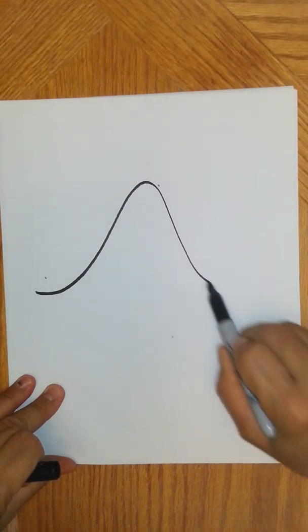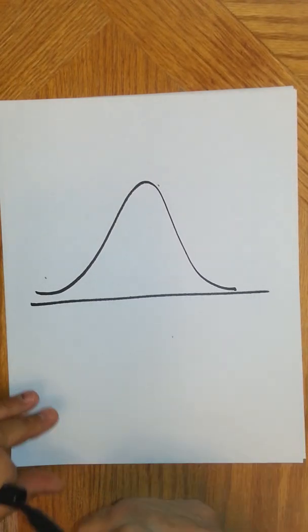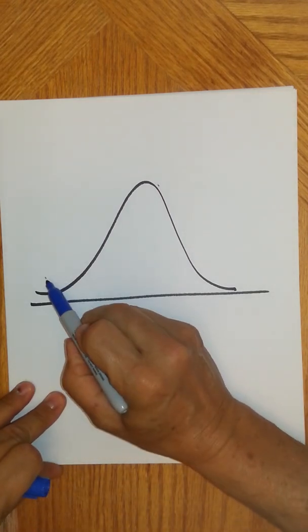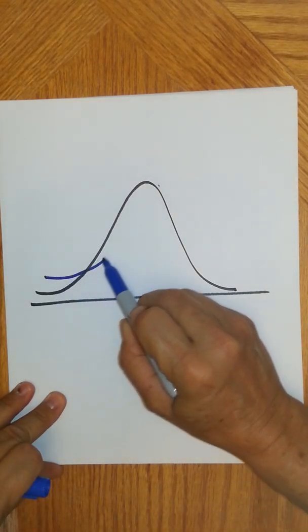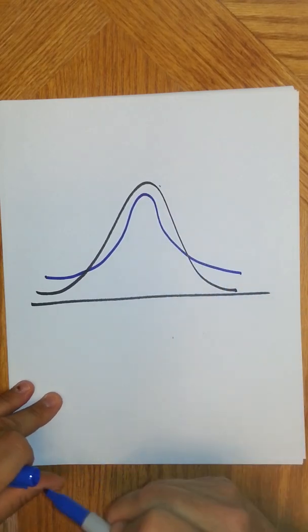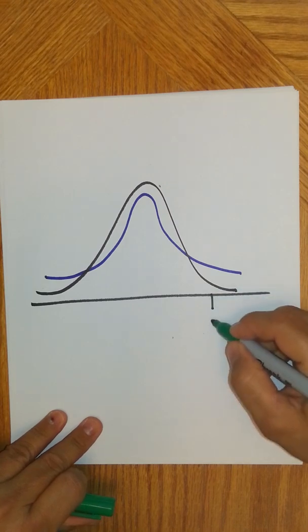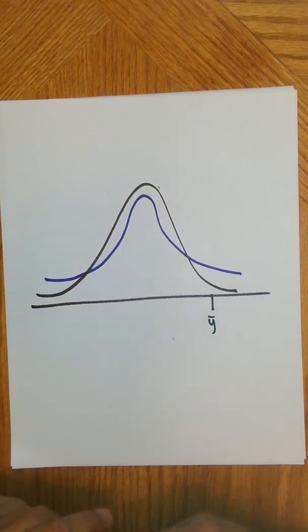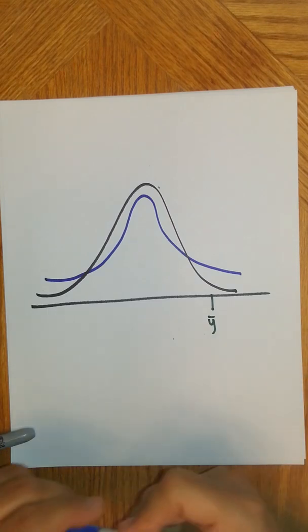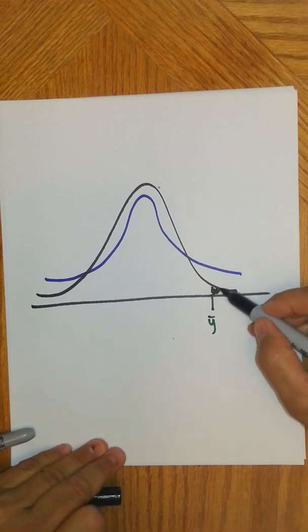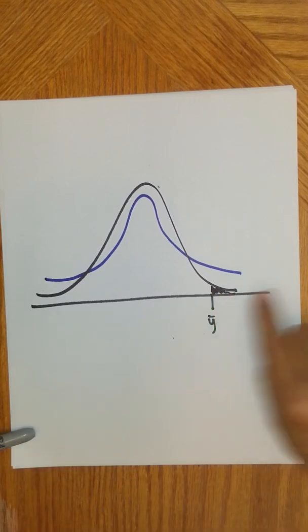So again, if we look at the normal curve, and we say here's an axis, and we look at, for example, a t-distribution, for a particular value, let's say a value out here, then if it were a normal distribution, the chances of getting that value or something more extreme would be very small.